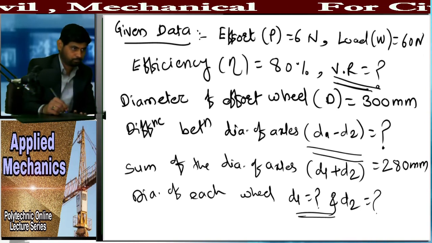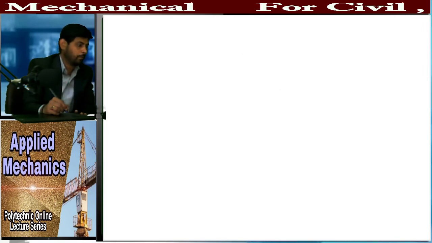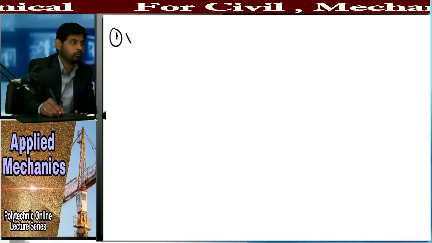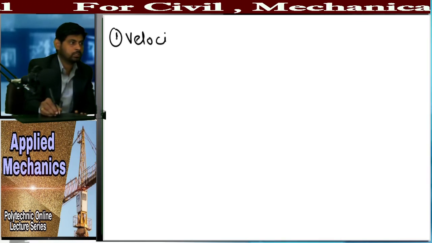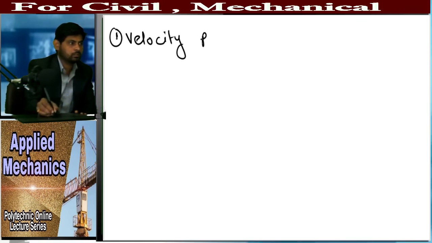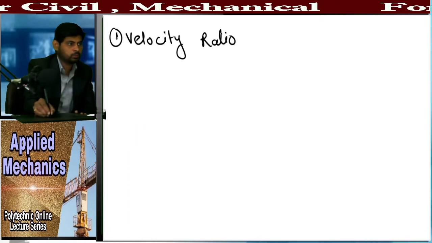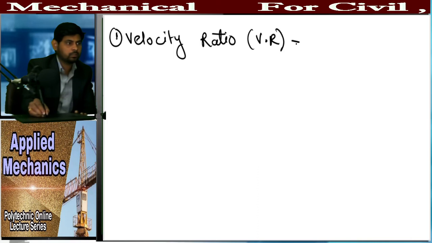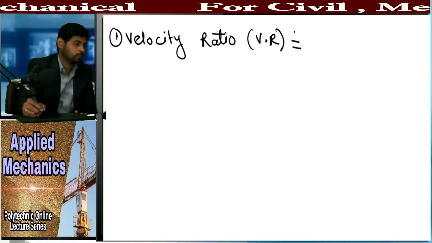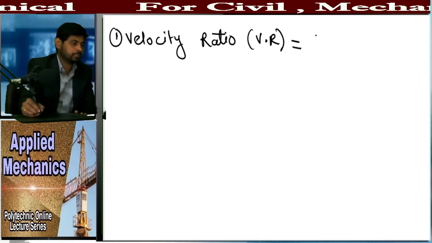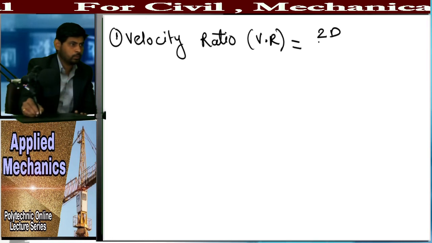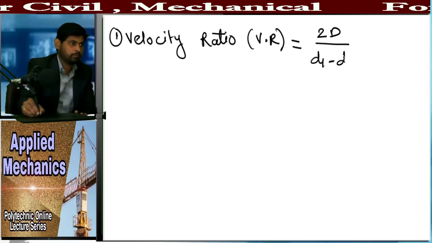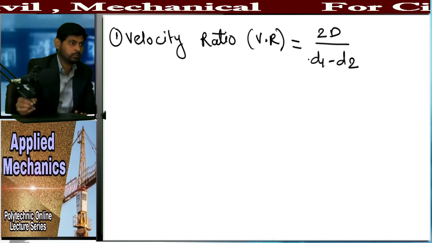So now, first, to find out the velocity ratio, you have to divide it into parts. First thing you have to find out is the velocity ratio. So velocity ratio VR is equal to how much? That is nothing but 2D divided by d1 minus d2.